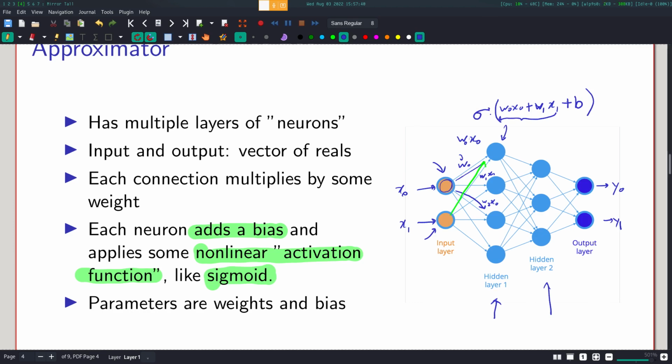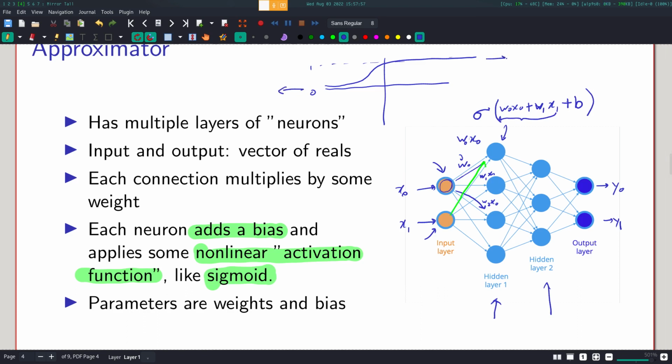Okay, so by the way, is everyone okay? The sigmoid function is some function whose graph looks like this, right? It's between 0 and 1, and as you go to negative infinity it goes close to 0, and as you go to positive infinity it goes close to 1, right? And then there is a smooth rise somewhere around 0 when the input is 0.